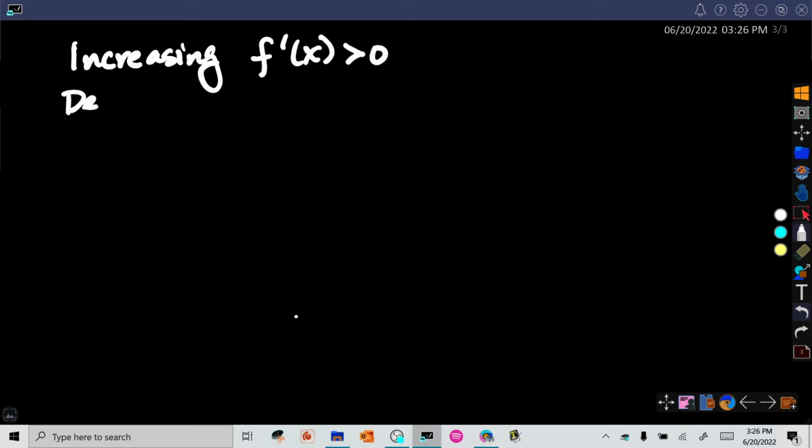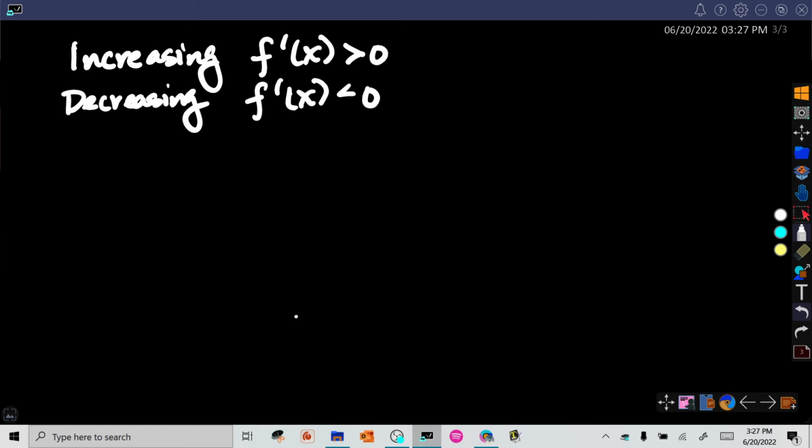It's going to be increasing when f prime of x is greater than 0, and decreasing when f prime of x is less than 0, okay? So we're looking at the derivative, and we're trying to determine where it's less than 0 or greater than 0 for the decreasing and increasing respectively, okay?